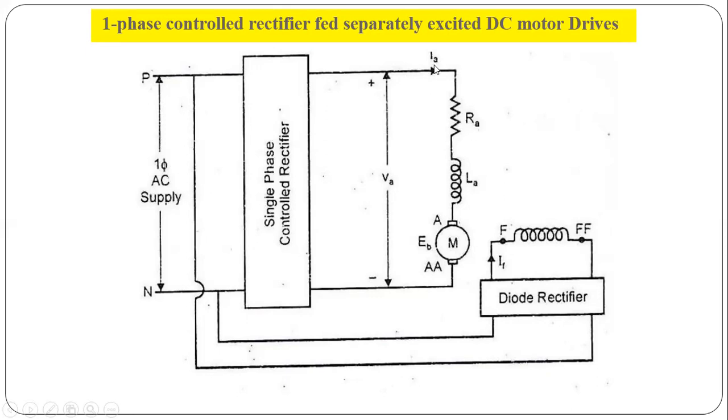You can see the armature current, resistance of armature, inductance of armature, and the back EMF. This is the armature connected, and this is also the field connected. So this is the separately excited DC motor, and we are also providing field supply through the rectifier. These are all about the concept of the single phase fully controlled rectifier.